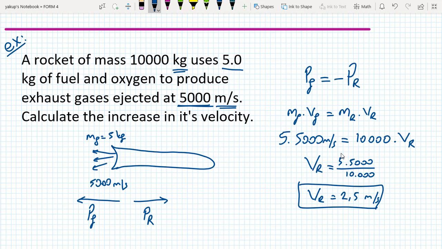Every second, the gas is making an impulse, and that impulse is pushing the rocket forward, and each second the rocket velocity will increase. Okay, this is our answer: the rocket velocity will increase by 2.5 meters per second in that time.